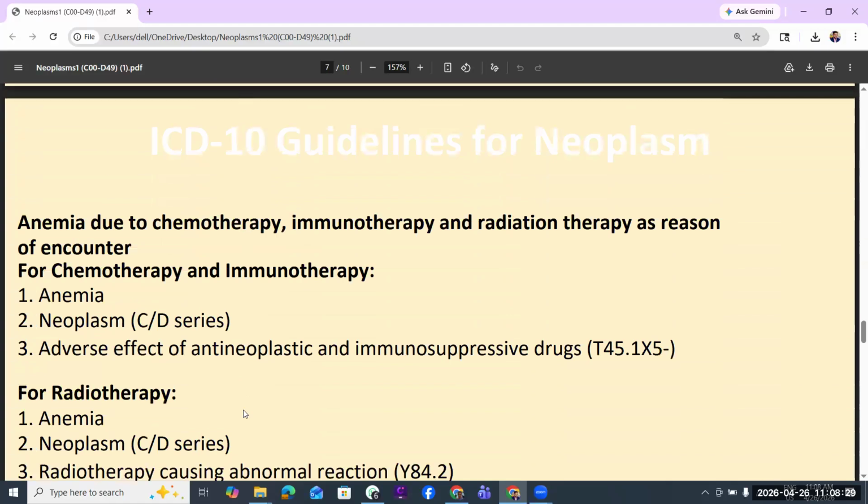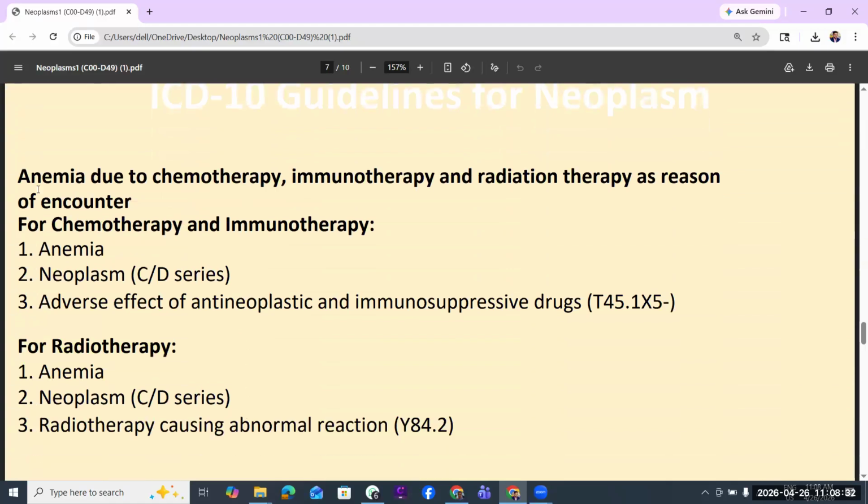ICD guideline for the neoplasm. Second point: anemia due to chemotherapy, immunotherapy and radiation therapy as the reason for the encounter. For chemotherapy and immunotherapy, the anemia sequencing is: first anemia, second neoplasm, C or D series, third the adverse effect of the antineoplastic and immunosuppressive drug, that series is T45.1X5A.